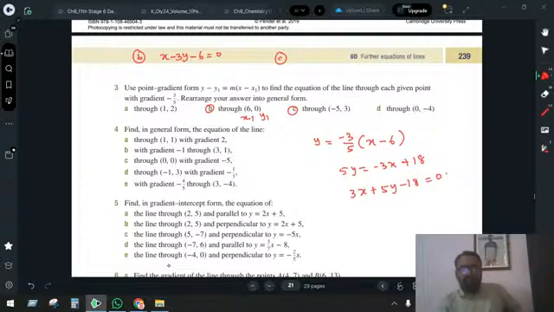Minus 3 by 5 into x minus 6. Then send 5 to this side, with minus 3x plus 18. Send all these things, 3x plus 5y minus 18 equals 0. How did you get it? Oh, wait, I substituted it wrong. Sorry. Got it? That's why we need practice.